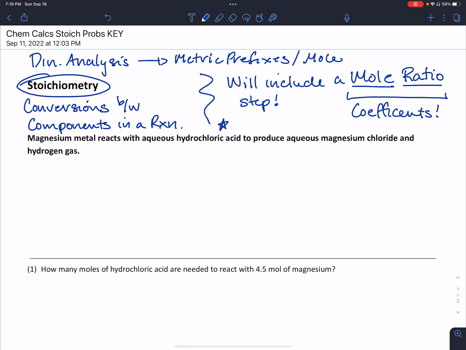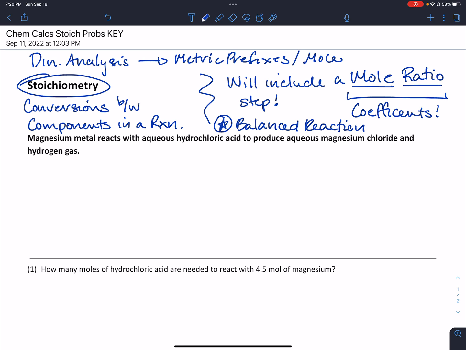So you must have a balanced reaction. We've actually seen a form of that mole ratio step back in the first unit, when we had to do some conversions from one element within a compound to that compound, or from the compound to an element within it. But there we used the subscripts. Here we're going to be using coefficients in our balanced chemical reaction.